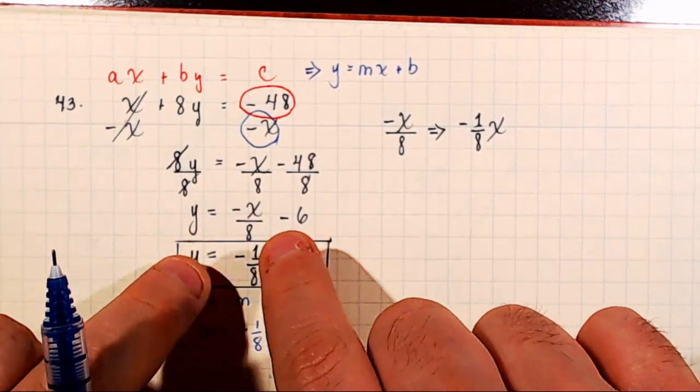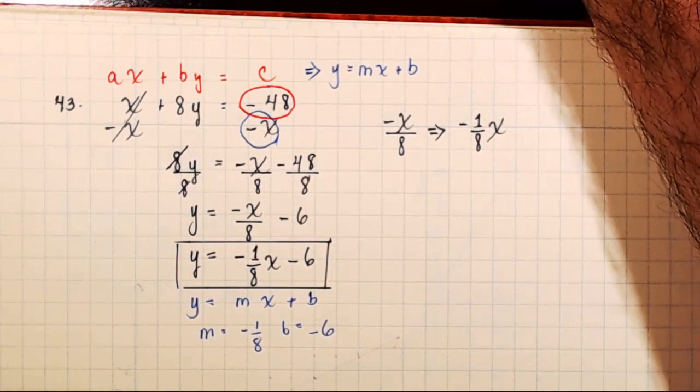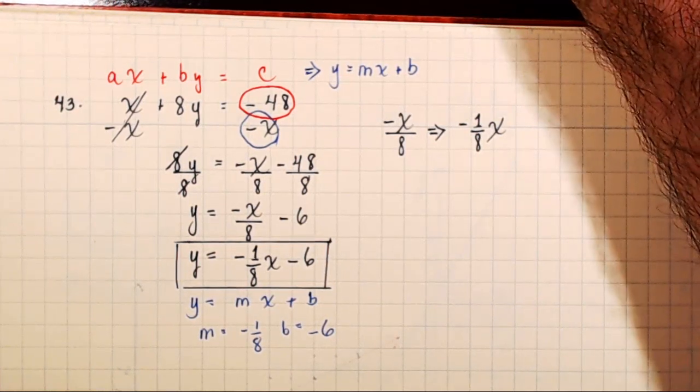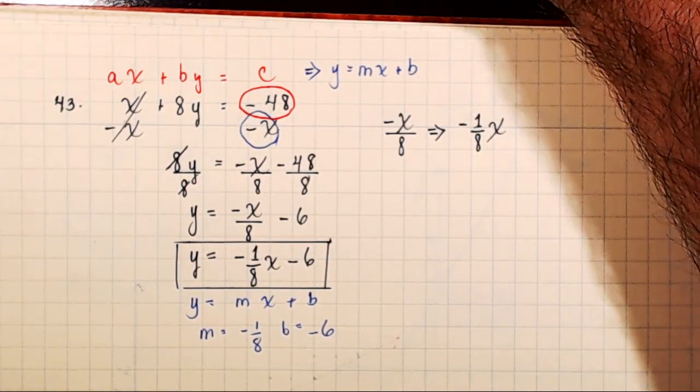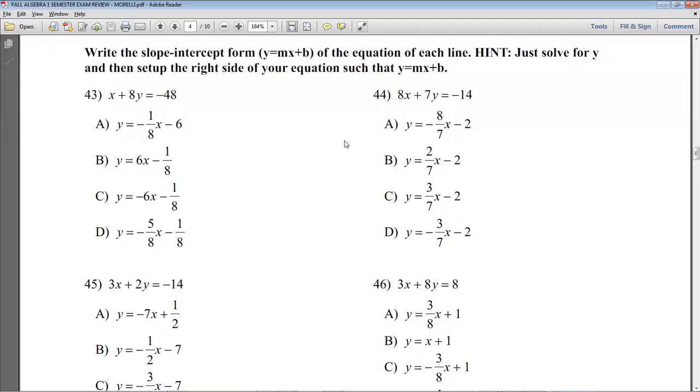All right, so can I find this in my answer choices? Negative 1/8 x minus 6. This is number 43. Y equals negative 1/8 x minus 6. There's your answer.